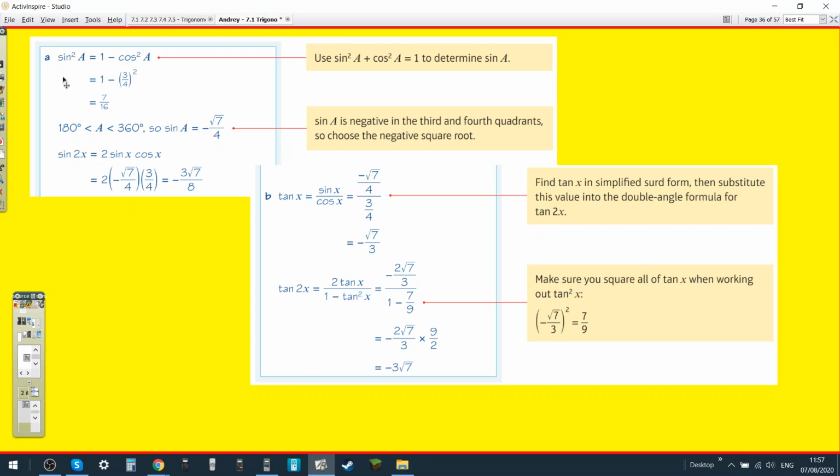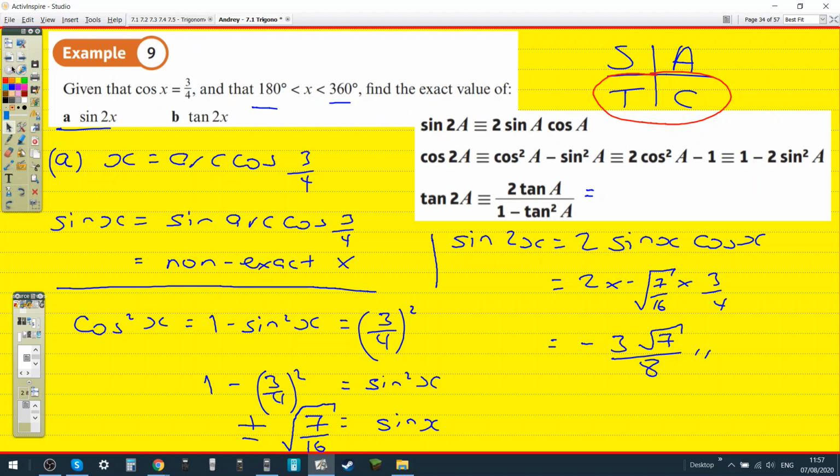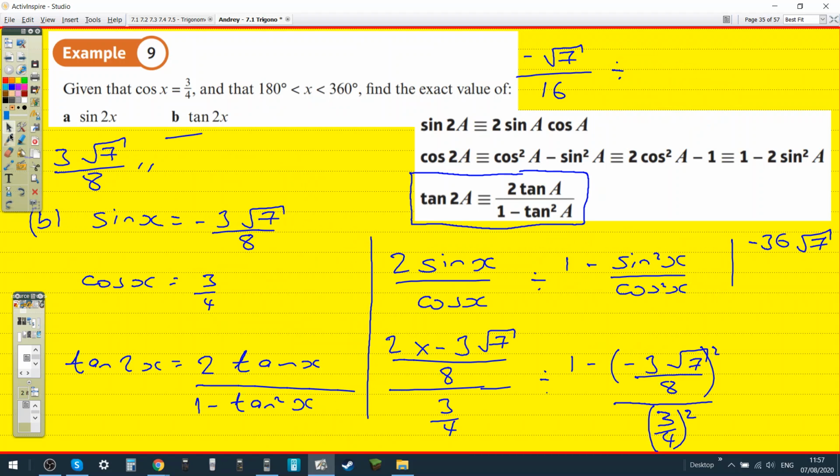So sine x was my... Oh, my mistake. Sorry, we put in sine 2x. We should have just put in sine x. Sine x was minus root 7 over 16. The sine 2x was that. Sine 1x. Okay, that'd be simpler. Put it in the calculator, you get the answer.